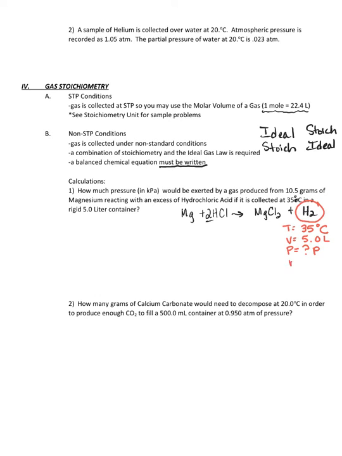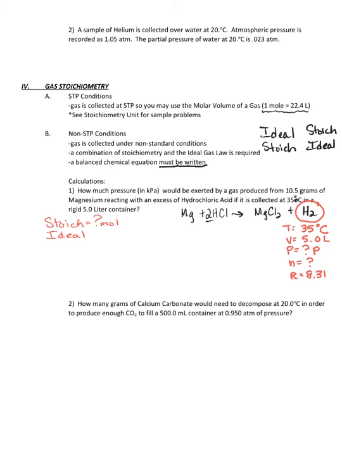Looks like we're just missing our N. Our R, since they asked for pressure in kPa, we would need to use 8.31. So in order to find pressure, we'd need N, which is moles. We can't find that, so we are going to need to use stoichiometry first to get moles. Then we'll use our ideal gas law next.